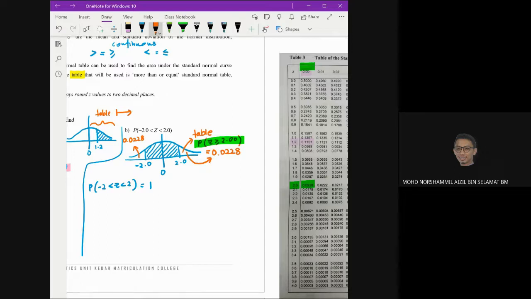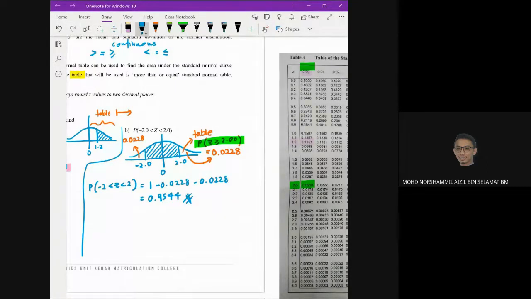So kalau belah kanan 2, 0.0228, sebelah kiri negatif 2 pun akan sama, 0.0228. So maksudnya to get the shaded region, we need to minus 0.0228 and minus another 0.0228. You guys faham tak ni? Boleh, sir. Okay, please do calculate. What you get? 0.9544. Okay, good.